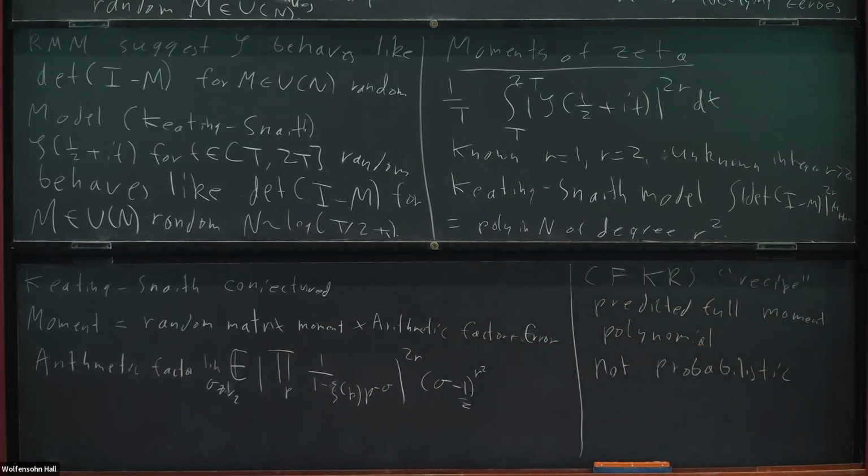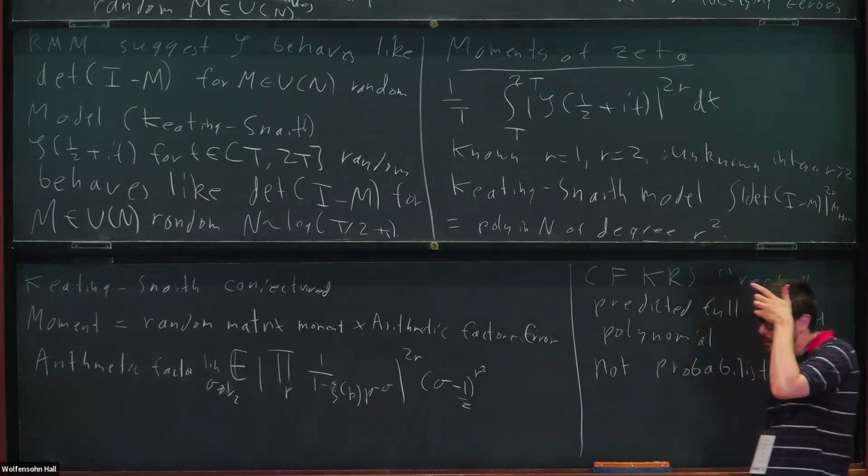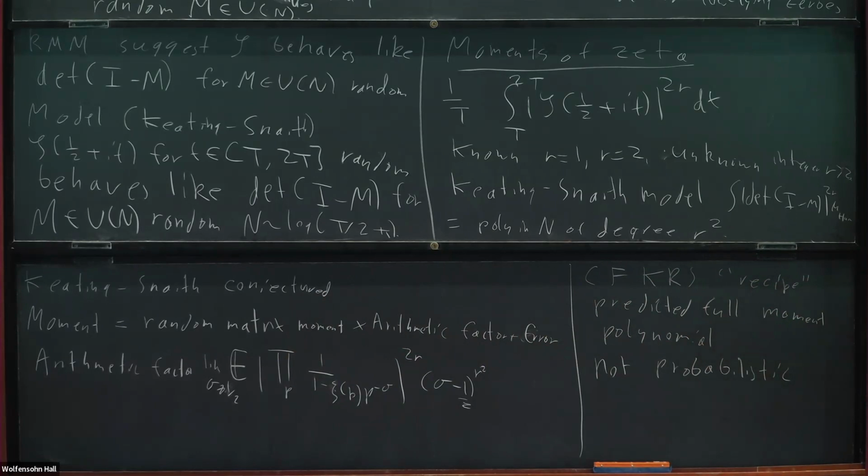And so there's one more probabilistic model of zeta functions that I will talk about, in prior work, which is the work of Gonek, Hughes, and Keating.